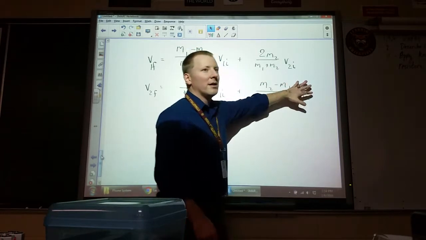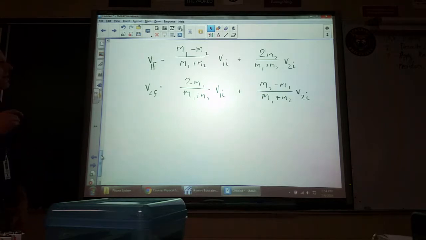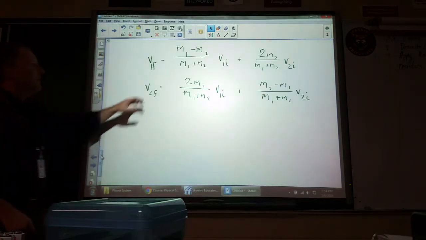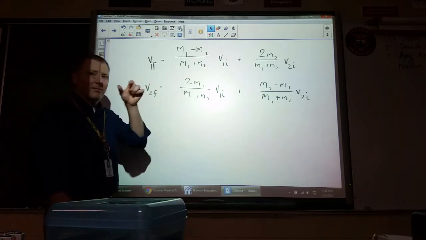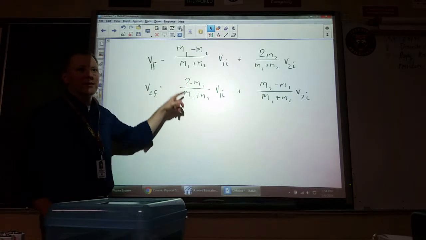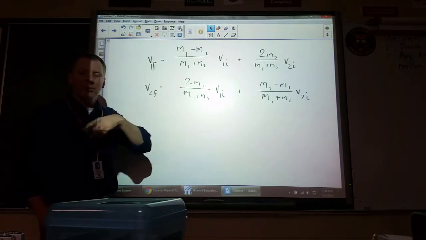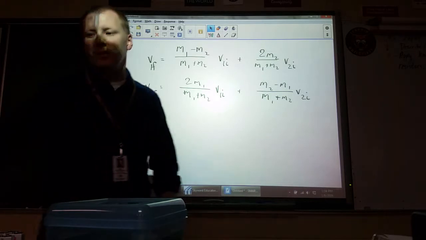So that term goes away. What this is predicting is that if I push 2 carts of the same mass together, with the second one starting out at 0 velocity, the first one should stop, and the second one should continue at the same velocity the original cart had. We'll give this a go.